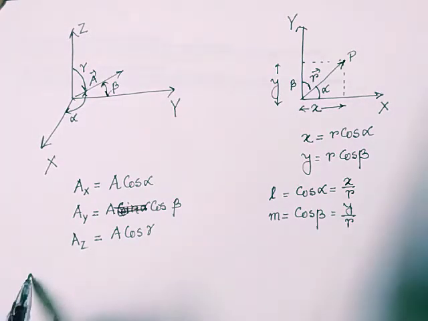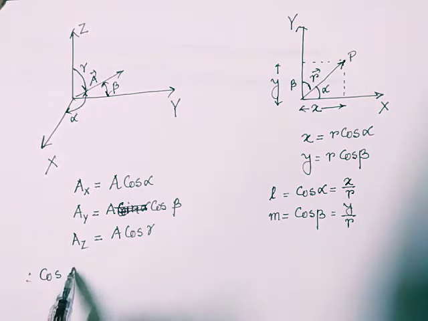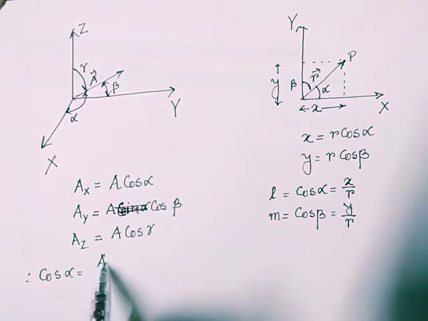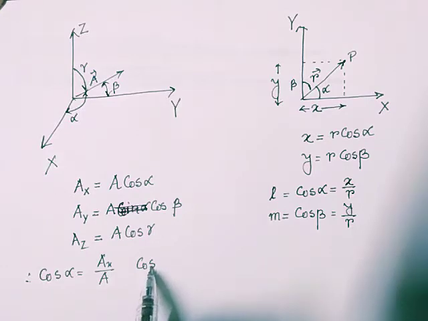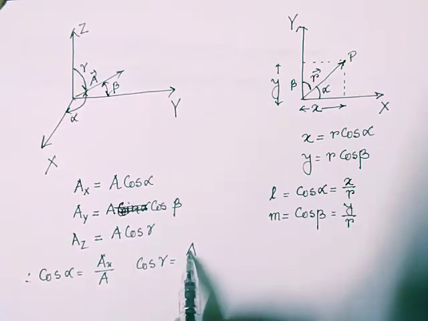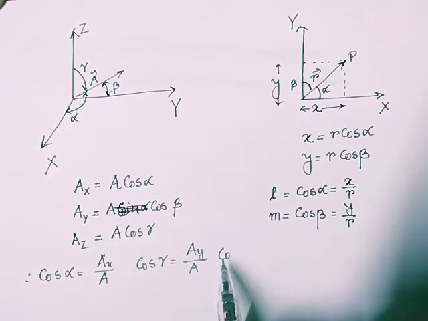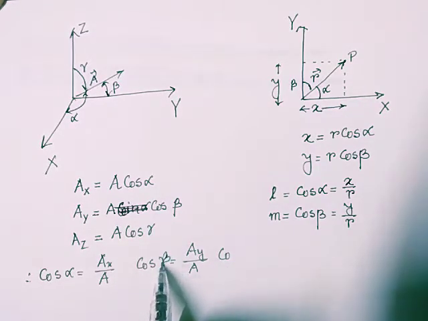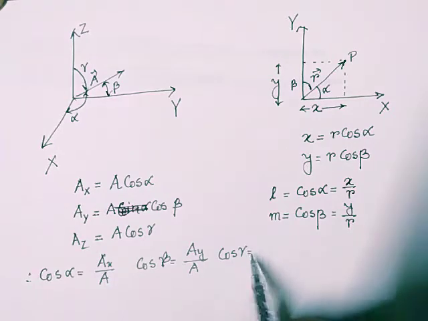If I write cos alpha, what does it give? Ax divided by A. If I write cos beta, what does it give? Ay divided by A. If I write cos gamma, what does it give?